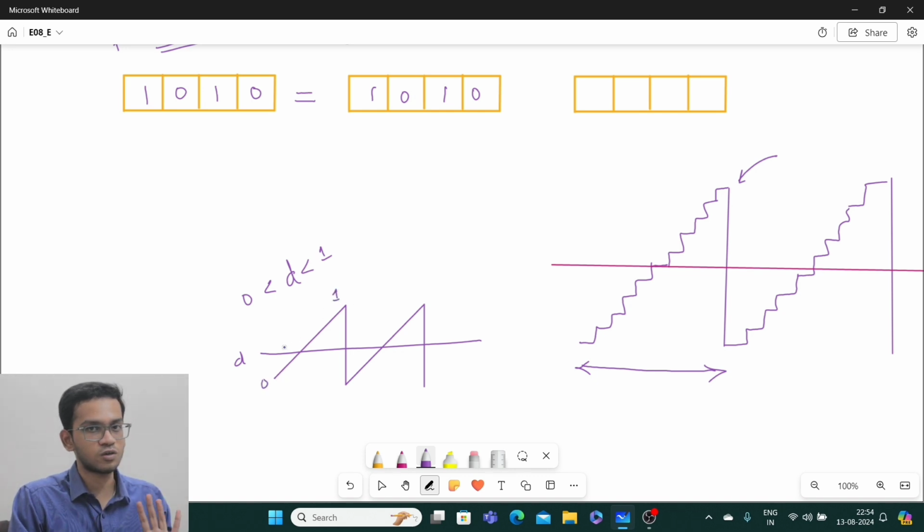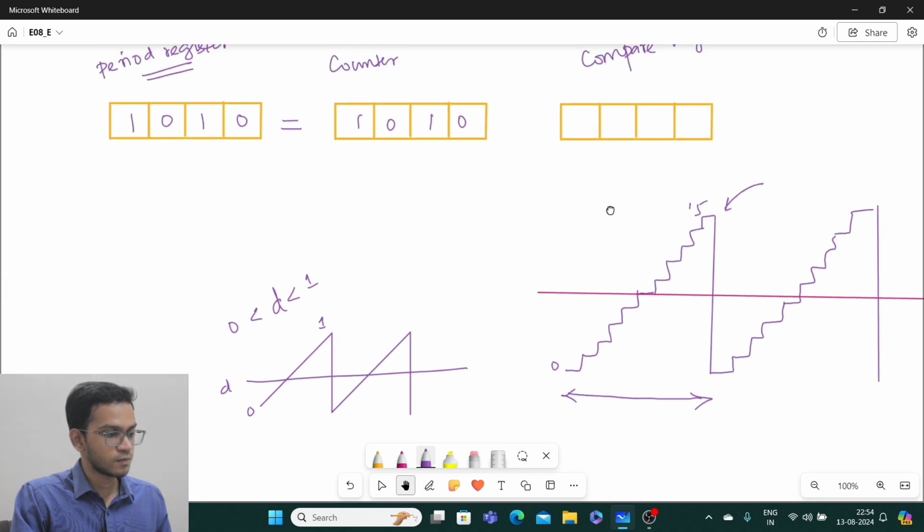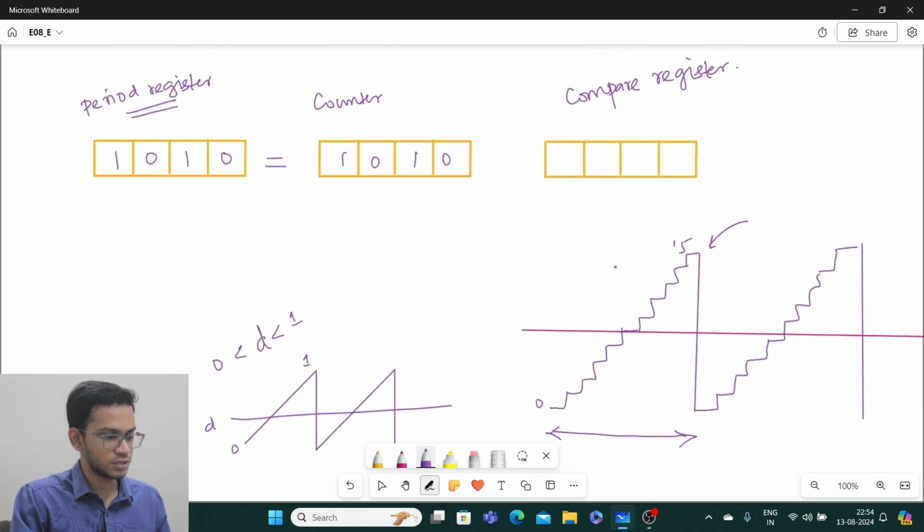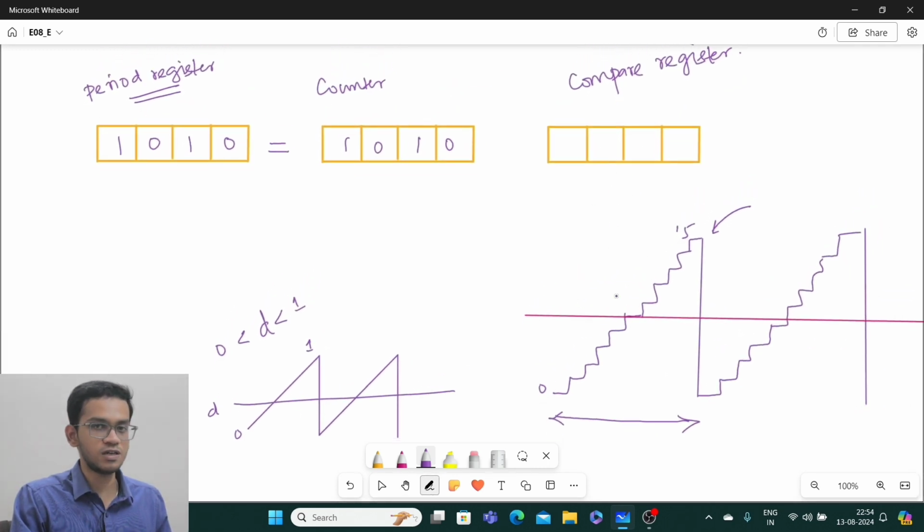But here my sawtooth is not varying between 0 and 1. So 1 here corresponds to the counter's top value, which means this duty ratio is going to vary over integers in a range from 0 up to the top value. So my compare register can have a value in that range.